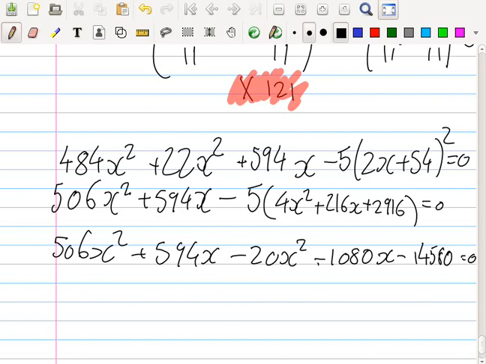All right, 506x squared minus 20x squared, what's that? 486x squared. 594 minus 1080 is minus 486, yeah? Come on, 594 minus 1080, is it minus 486? Okay. And then just this at the end.